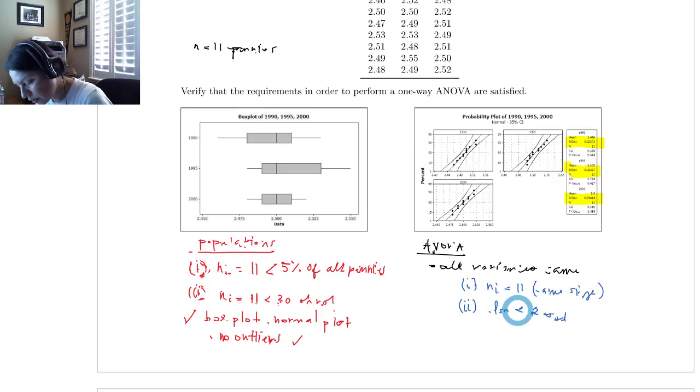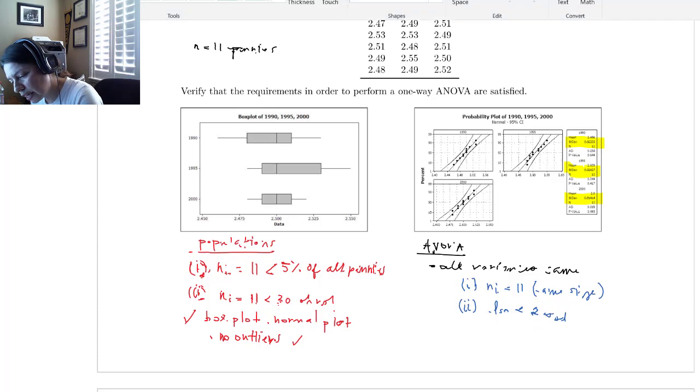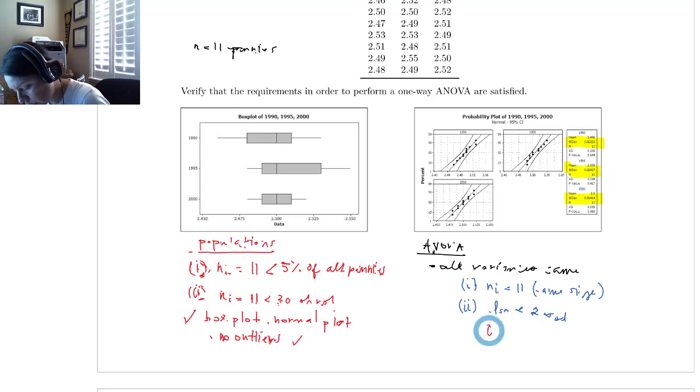So let's look at the largest. The largest standard deviation I can see here is 0.02427.